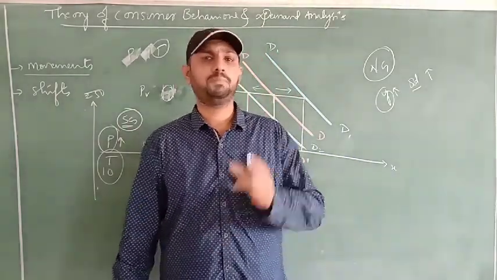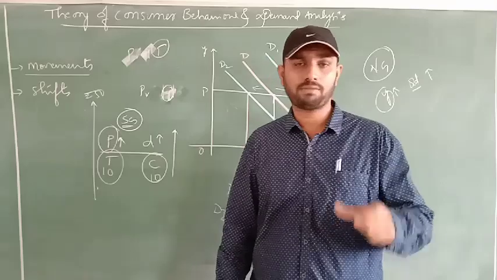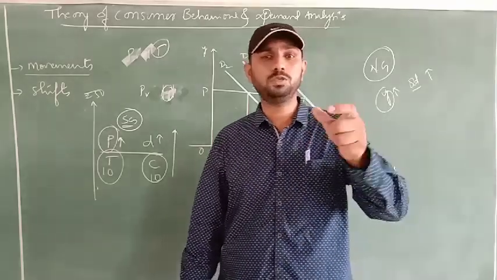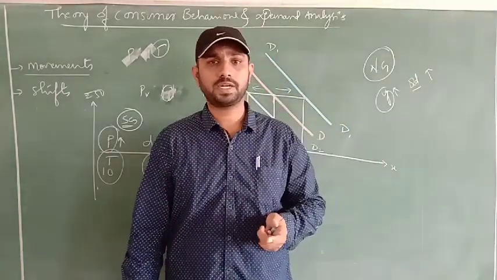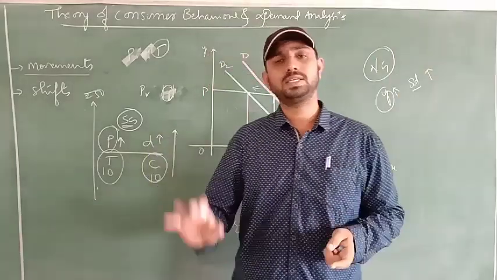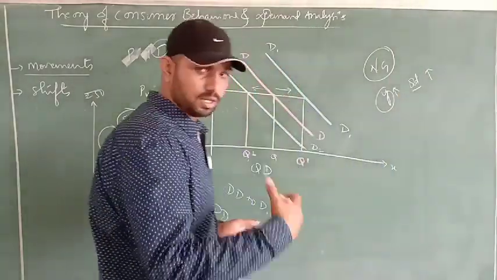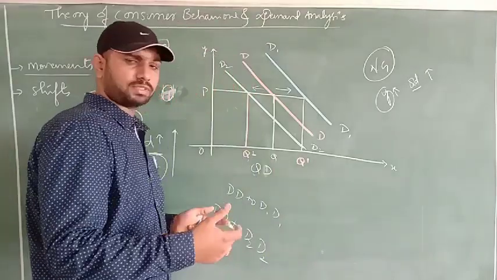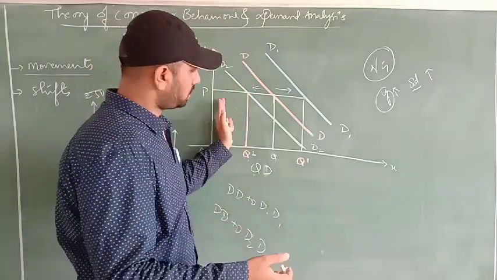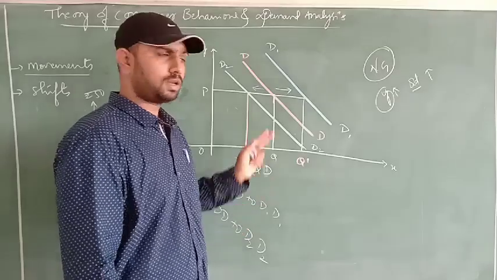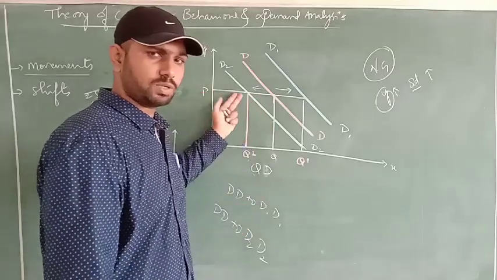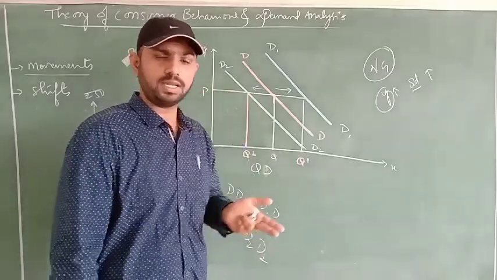Even when the price is the same, our taste and preferences create a change in quantity demanded: more in one season, less in another. In summer the demand for soft drinks will generally be more, and in winter it will go down because of the seasonal effect.